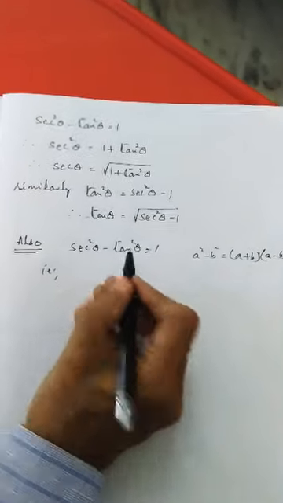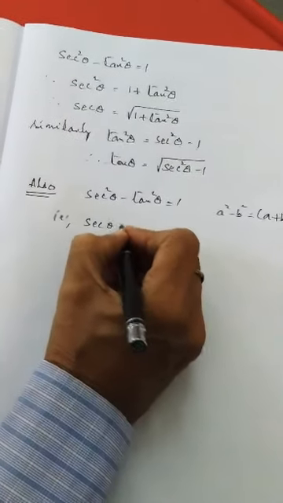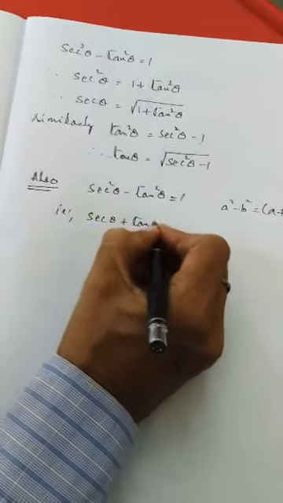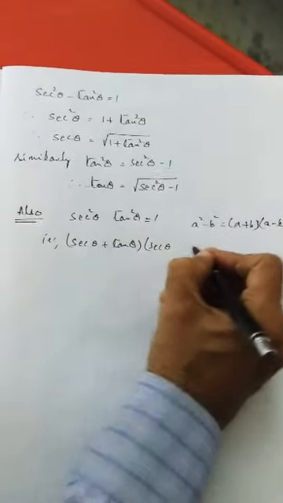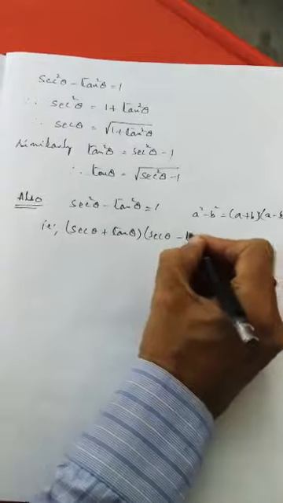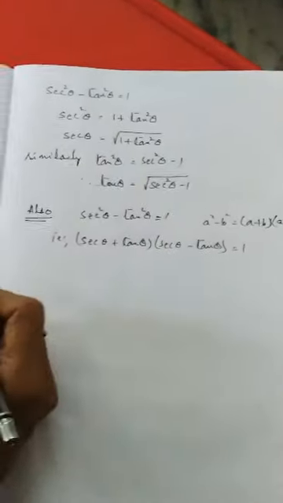Similarly here secant square minus tan square we can write as secant theta plus tan theta into secant theta minus tan theta. This is equal to 1.